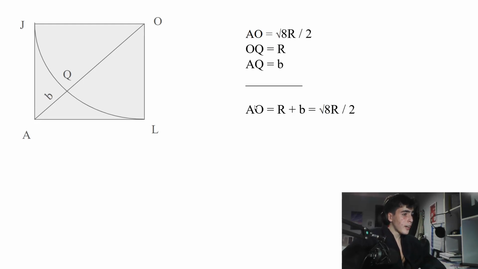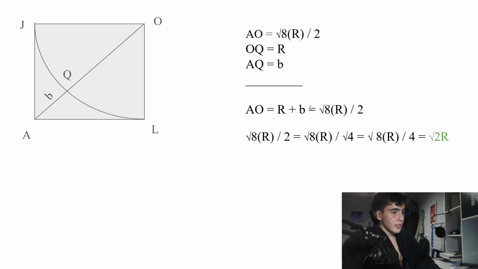Okay, so we know that AO consists of OQ and AQ. AO equals OQ plus AQ. And we know what these are, so we can write it as AO equals R plus B, which equals square root of 8 times R divided by 2. We can simplify this square root of 8 times R divided by 2.